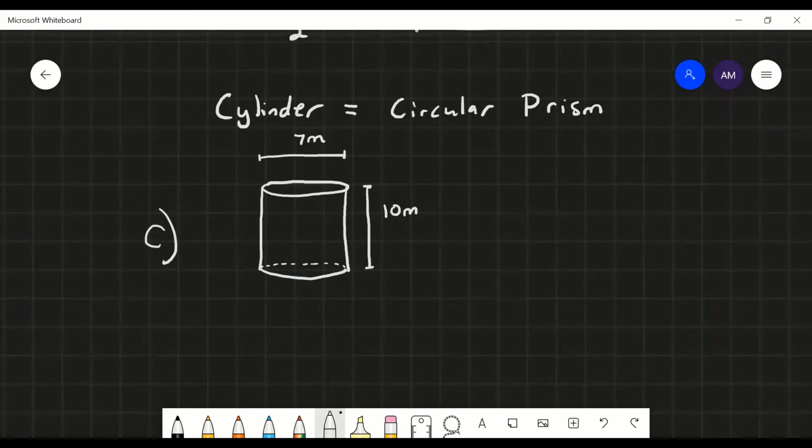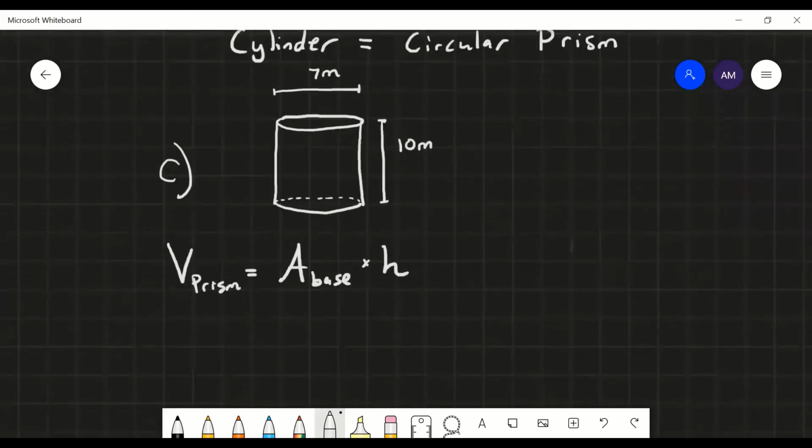So, likewise, the volume of any prism is just the area of the base, this is what we saw above, times the height. What's the area of the base? Well, the base is a circle of diameter 7 meters.